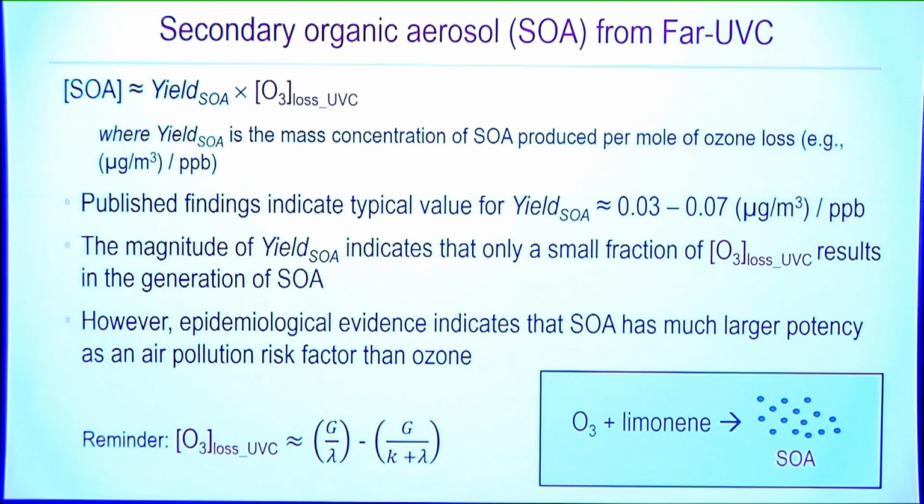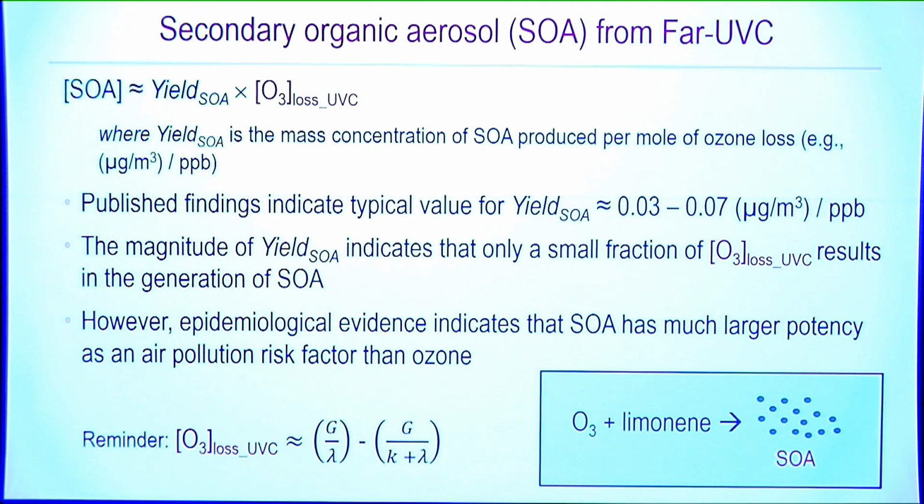To do that, we'll define a yield term, yield SOA, defined as the mass concentration of SOA produced per mole of ozone loss. So, for example, micrograms per cubic meter of SOA per mole of ozone consumed.